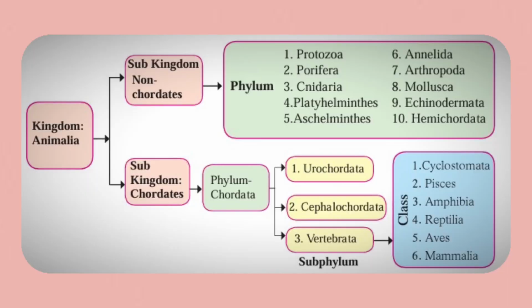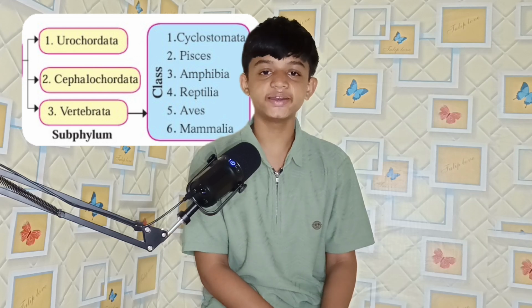Now let's remember all the types of phyla once again. The phyla are as follows: Porifera, Cnidaria, Platyhelminthes, Aschelminthes, Annelida, Arthropoda, after that Mollusca, Echinodermata, and Hemichordata. Then the chordates: Urochordata, Cephalochordata, and Vertebrata.